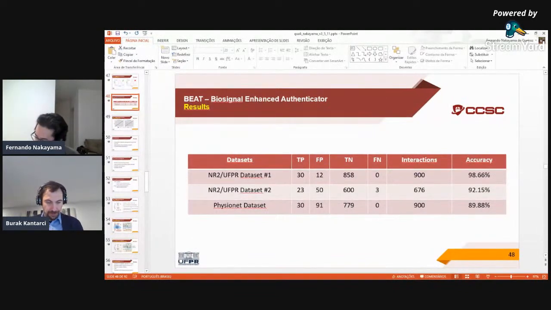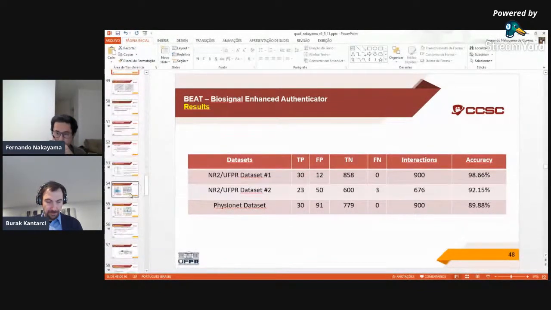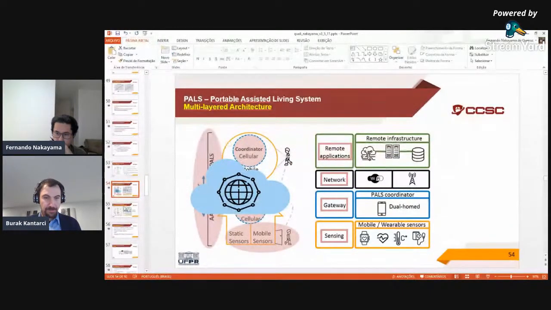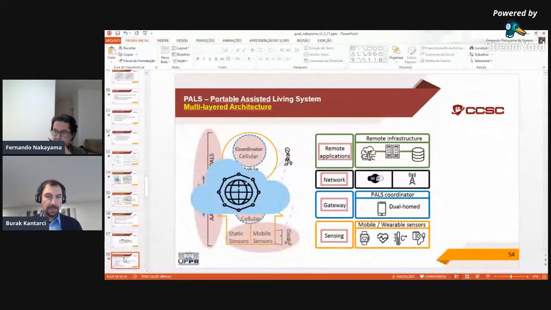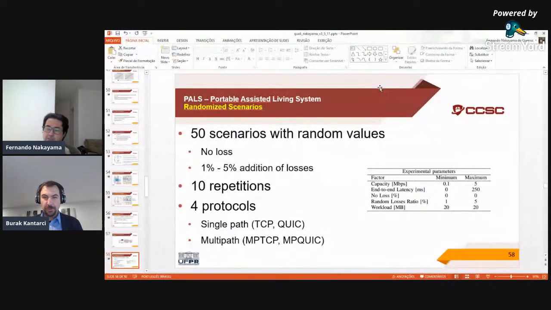I have two more questions actually, especially regarding your PALS scheme. About your performance evaluation settings, if you can go to your slide number 58. 58. Okay. Yeah. So for your experimental parameters here, what are your assumptions?